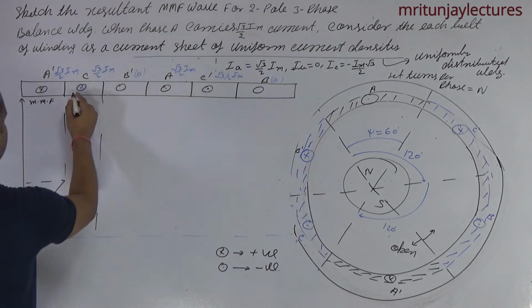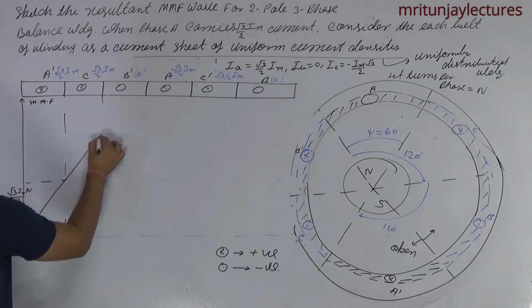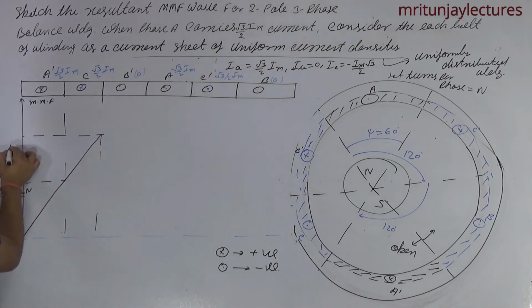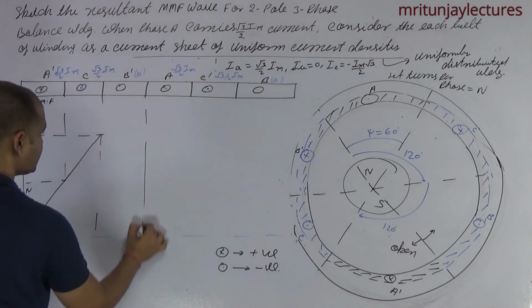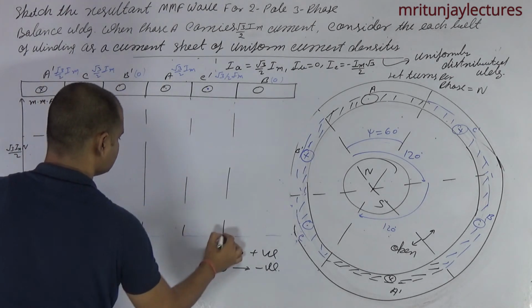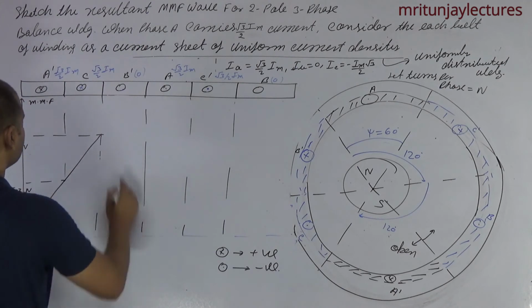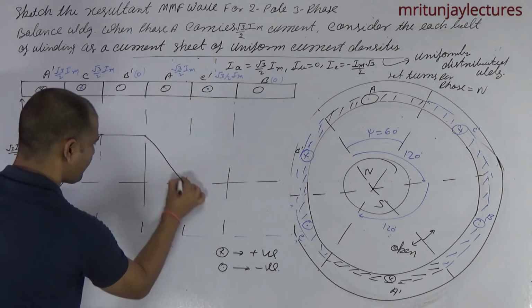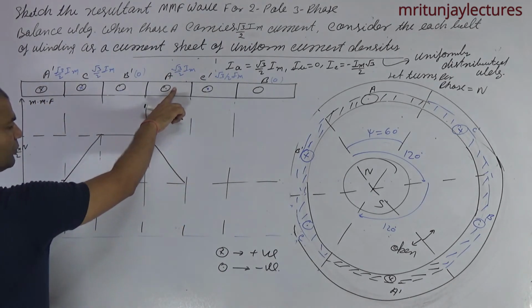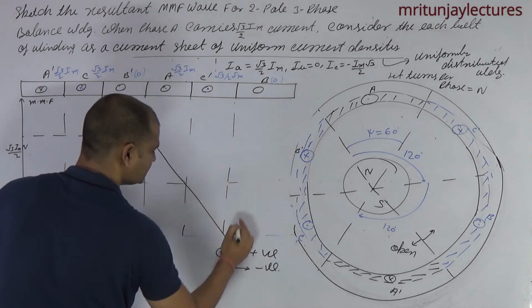It increases, cross, that is why it is positive. What about the polarity here? This polarity is nothing, so it is constant. After that, dot polarity is negative, and this is also negative, and this is 0.